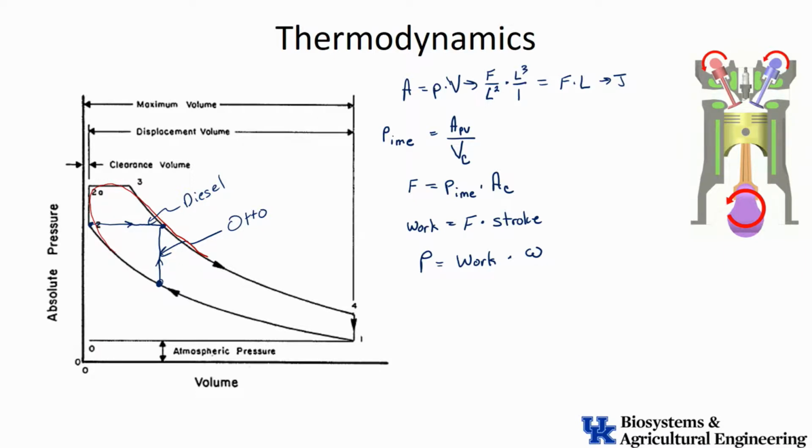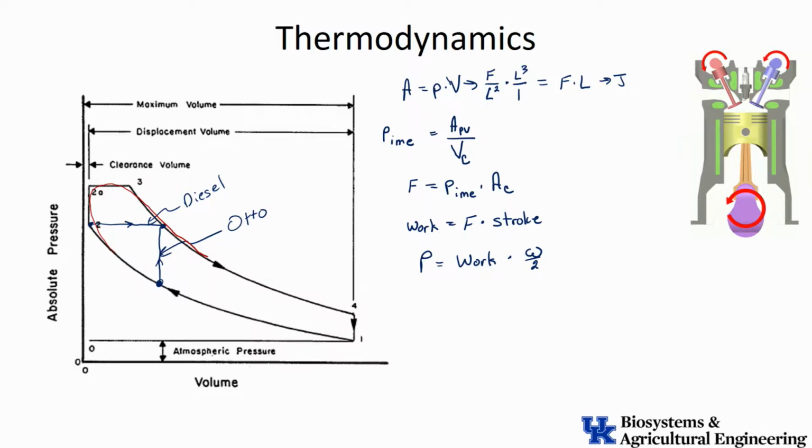And now we have to hold off just a little bit and be careful about what we do with that angular speed, because remember, on a 4-stroke engine, I get 1 power stroke for every 2 revolutions of the crank. So I have the compression, the power, the exhaust, and the intake. And so that's 2 revolutions of that crankshaft. So the amount of power is actually divided by 2.